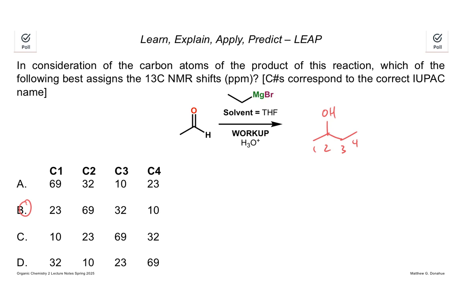Carbon 4, that CH3 group, looks the most like methane, so it should be closest to 0. Then carbon 1 feels a little bit of that tug from the oxygen on carbon 2. And then carbon 3 has 2 carbon substitutions. Any questions on those assignments?